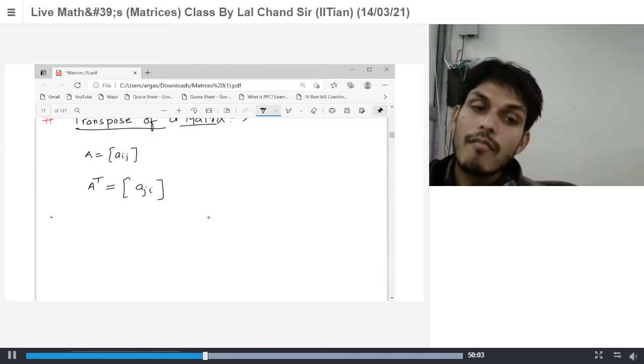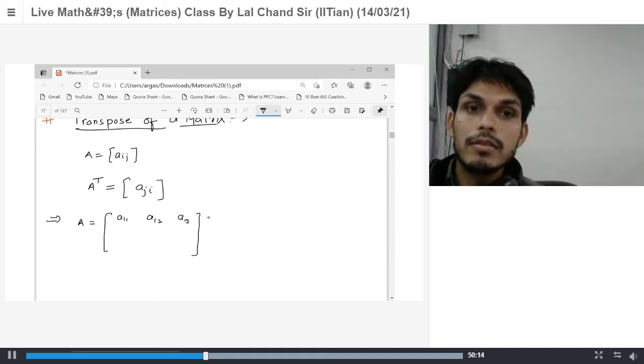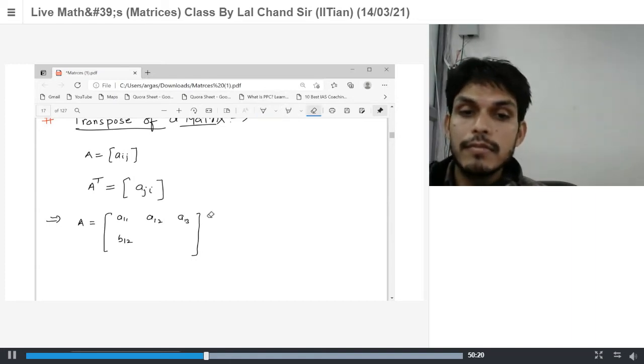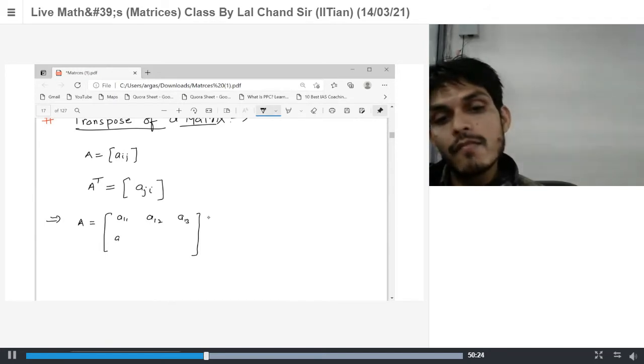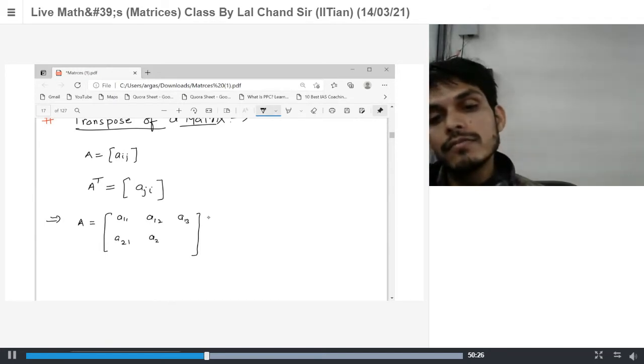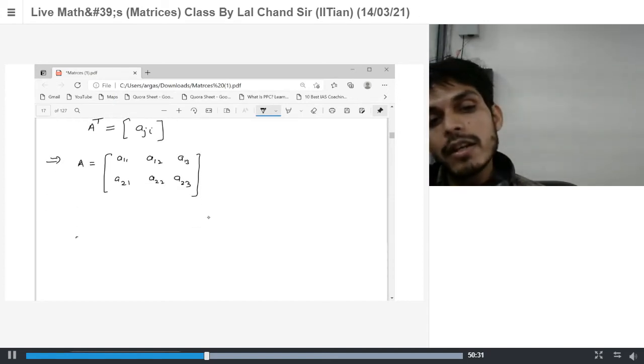Basically, let us suppose I have matrix A11, A12, A13, and A21, A22, A23. So now if I would like to write A transpose, then each row is converted into a column.